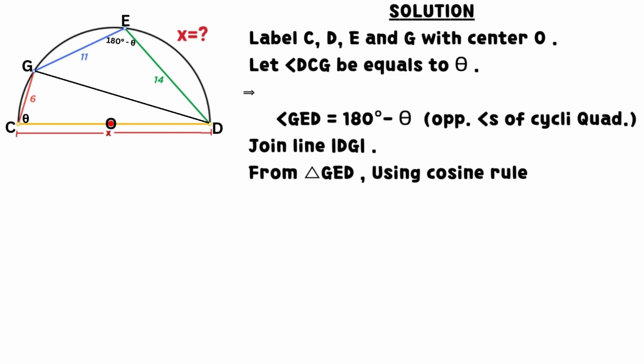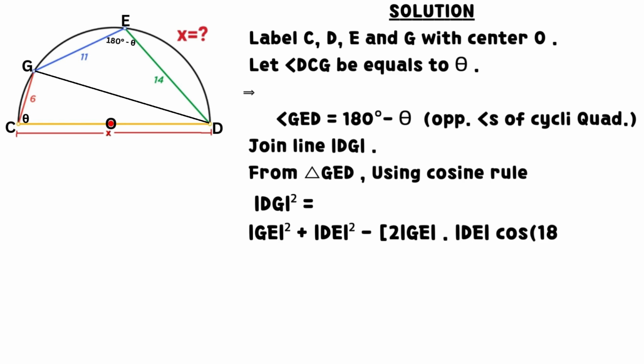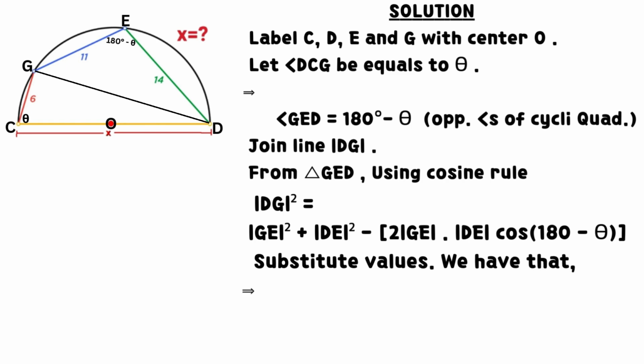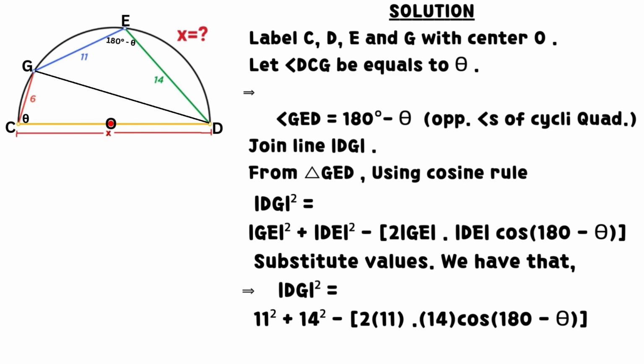Join line DG. From triangle GED, using the cosine rule, the square of line DG equals the sum of the square of line GE and the square of line DE, minus 2 times the product of line GE and line DE multiplied by cosine of 180 degrees minus theta.